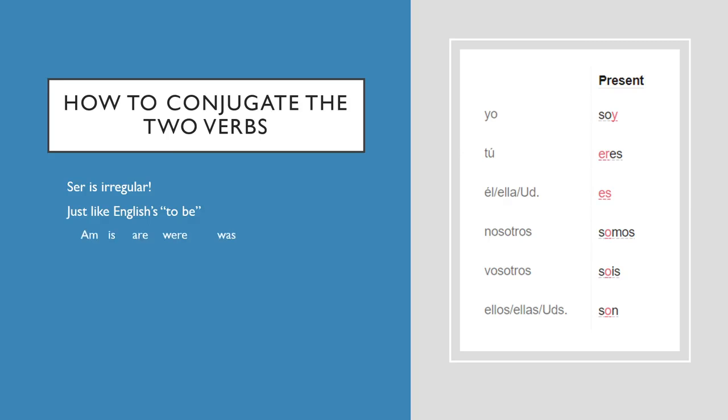We say things like am, is, are, were, was. If you really think about it, that's really weird. So over here we have the conjugations for ser that you need to know, because we use these pretty often. If anybody ever asks you where you're from, or if you ever want to ask somebody else where they're from, you need to know how to conjugate this word.